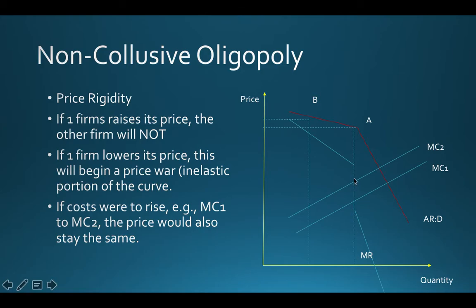So it wouldn't change the price at all. We'd still be right there, and the price would still be right there. So even if the cost of production goes up, it won't probably change the price that we charge. So please note that non-collusive oligopolies generally have very stable prices.